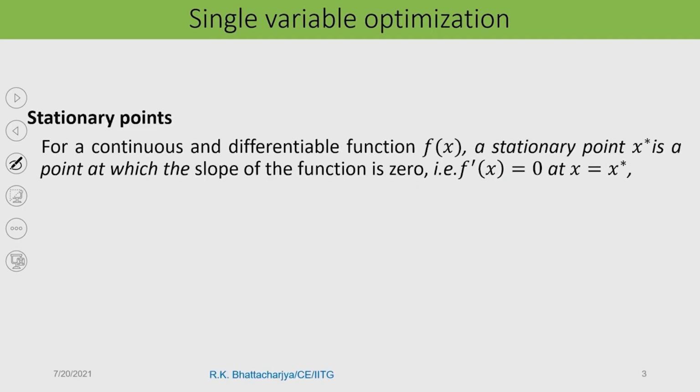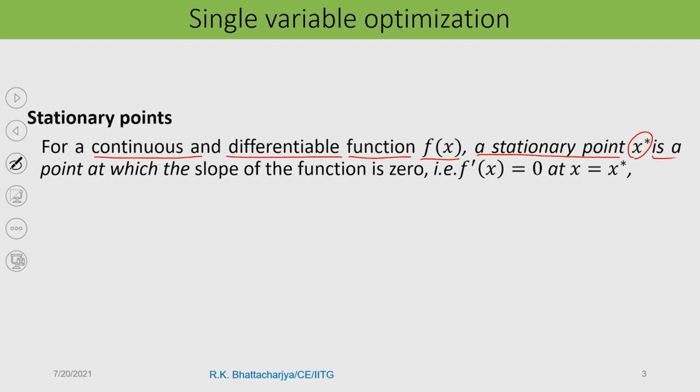Let us discuss what are stationary points. For a continuous and differentiable function f(x), a stationary point x*. When the point is stationary, we will denote it by x*. That means x* is a stationary point.